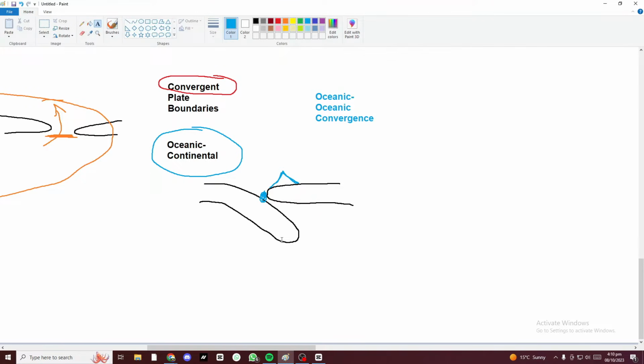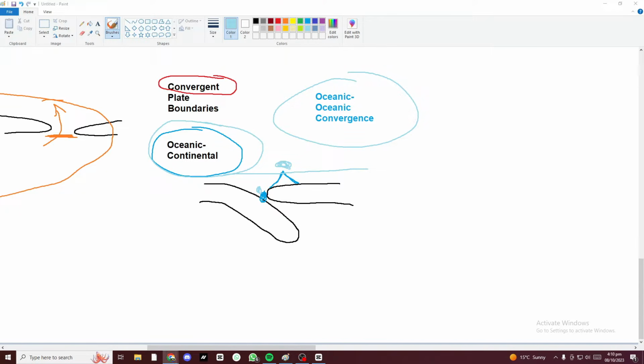The heavier plate will subduct underneath the lighter plate, and it will also form island arcs, which is just like, here's the top of the water because this is underwater. So island arcs will form. So here's an island, this right here is an island, and then trenches will also form. So oceanic and oceanic continental are basically the same thing, and they create the same thing.